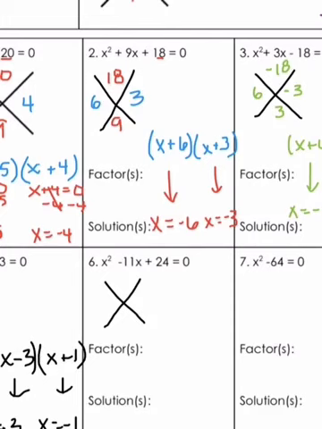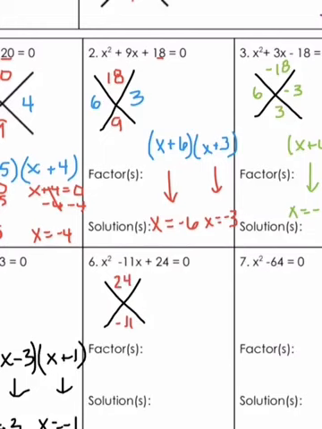All right, what numbers are going to multiply to 24 and add to negative 11? Well, we have a bunch of different options that multiply to 24, but we need them to also add to be negative 11. We could try 6 and 4, but 6 and 4 will never add or subtract to be 11, so it's definitely not 6 and 4. Then we could try 2 and 12. They multiply together to be 24, but they will never add or subtract to be negative 11.